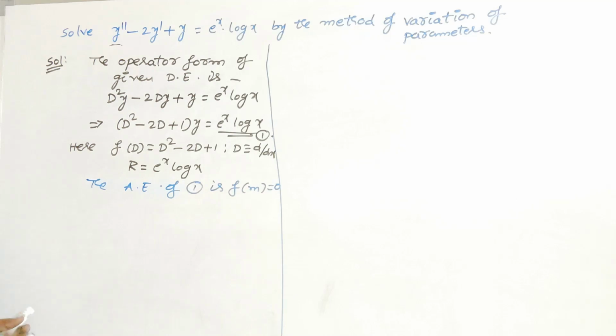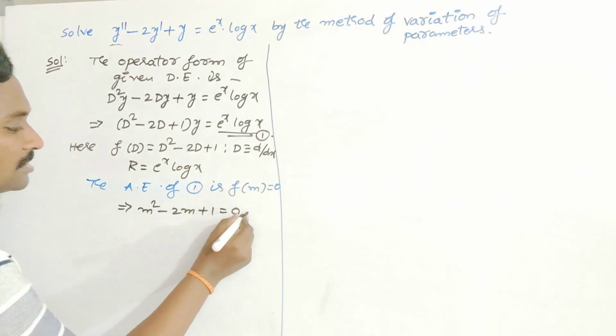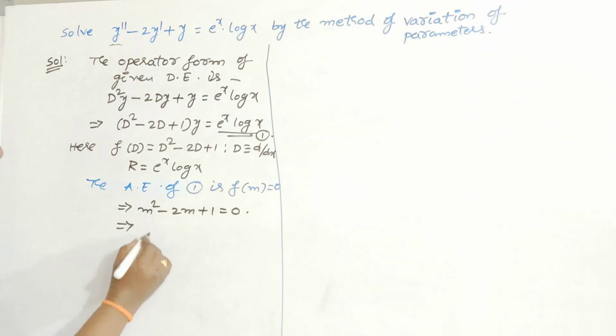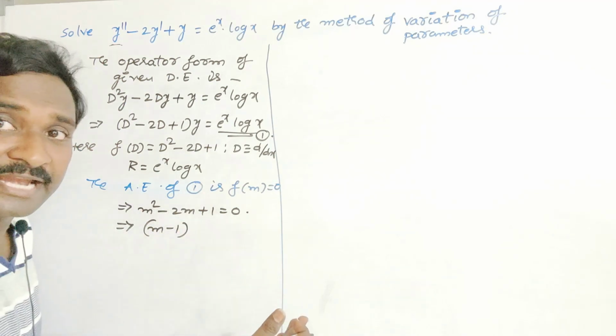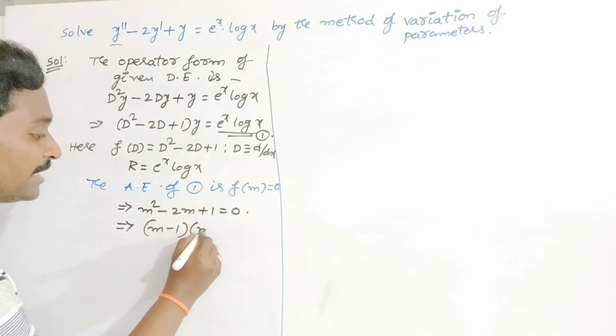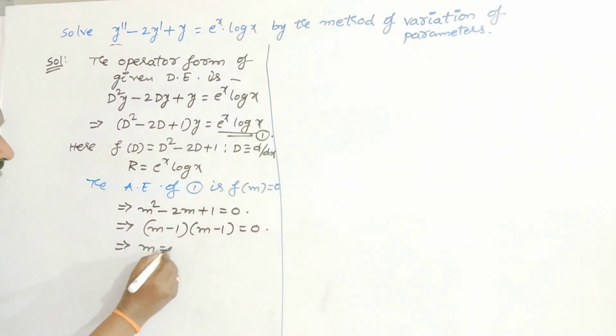Replace capital D by m in this equation, so you will get m square minus 2m plus 1 is equal to 0. Clearly it is in the form of m minus 1 whole square, so I will write m minus 1 into m minus 1 is equal to 0. So the auxiliary equation has real and repeated roots.